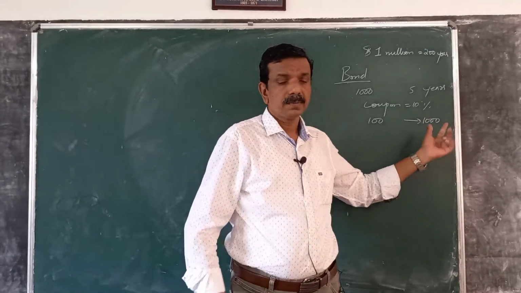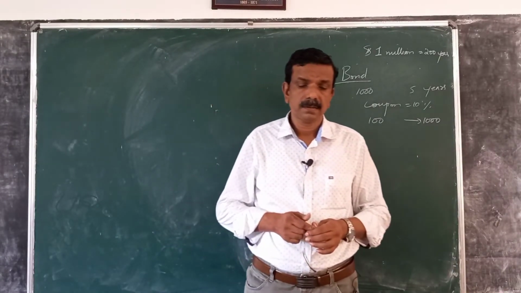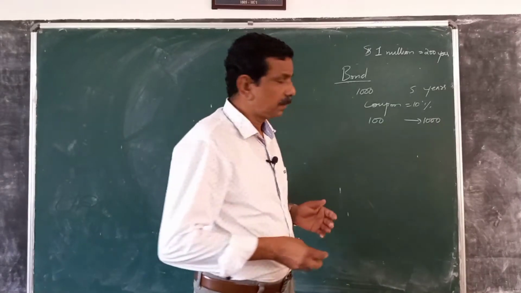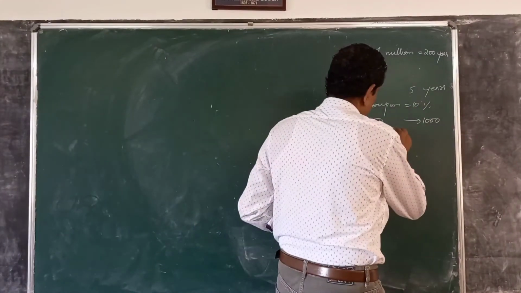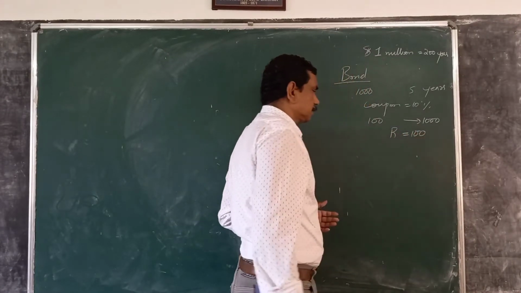the original sum 1000. Now suppose that a coupon is clipped and can be encashed having an amount R equal to, say, 100.